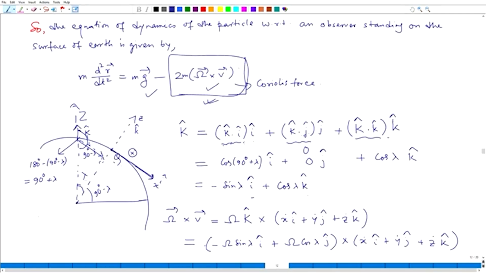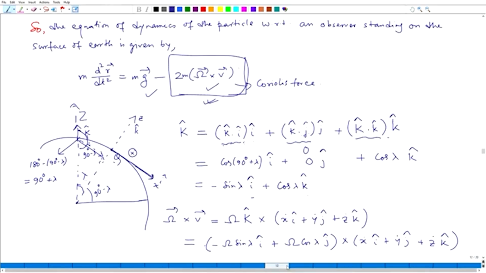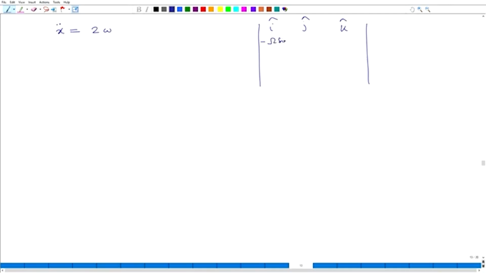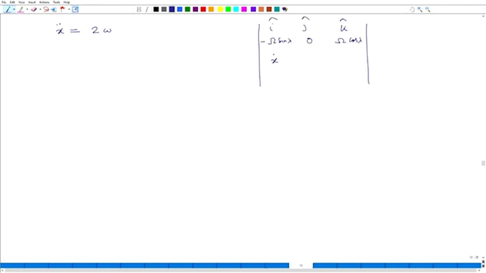So, omega cross V I can write like this: i, j, k, then minus omega sin lambda, 0, omega cos lambda, then x dot, y dot, z dot. So this is omega cross V.